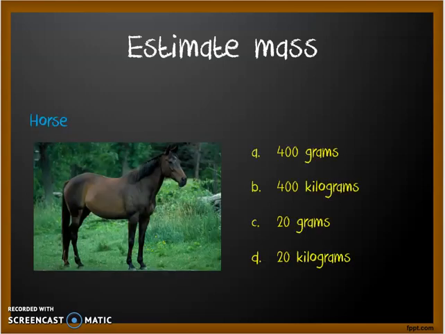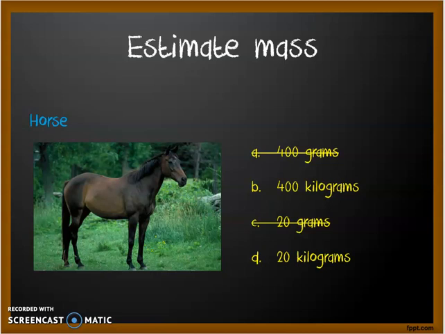So let's say we're trying to come up with the mass of a horse. And we have some choices: 400 grams, 400 kilograms, 20 grams, 20 kilograms. What mass makes the most sense for the horse? So hopefully you are thinking what I'm thinking, which is that there are two answer choices that are totally wrong, that do not make sense at all, that are unreasonable, and I can just cross them out.